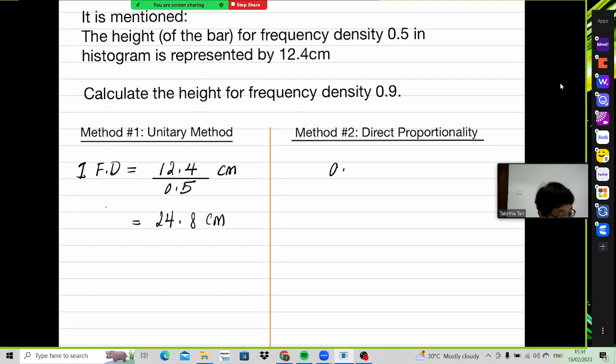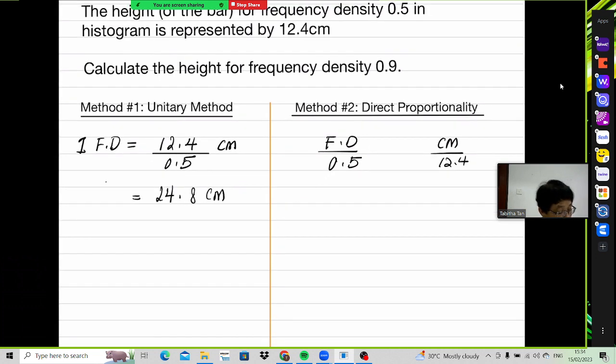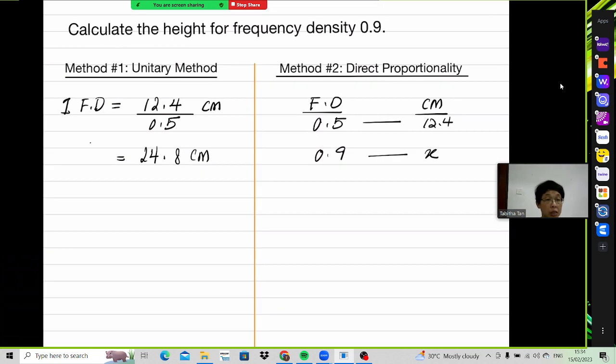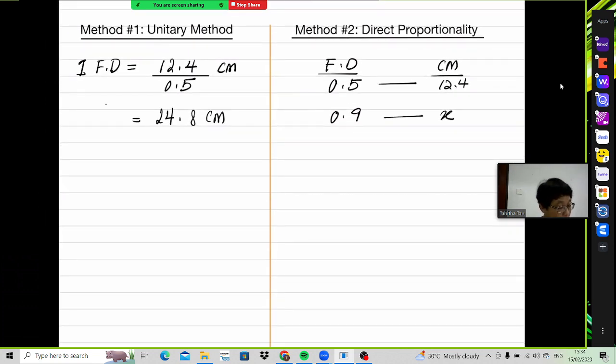If you wanted to choose the direct proportional method, let me put a title here, easier for your reference: frequency density. If frequency density 0.5 is represented by the height in cm, how many? 12.4 cm. Now you need to find the height for 0.9 and what centimeter represents it. Let's arrange them in equivalent ratio.